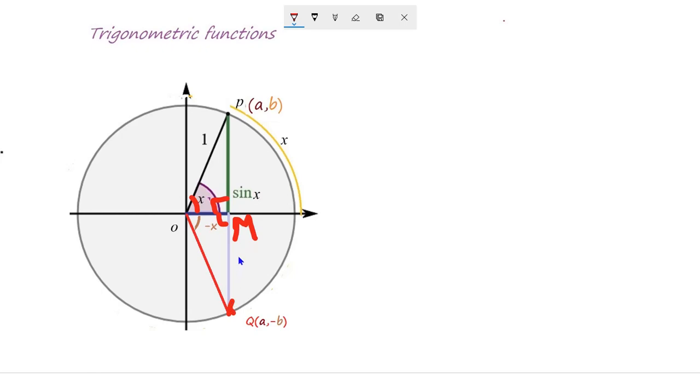But when you take the coordinate, you know that in the fourth quadrant the x coordinate is positive and the y coordinate is negative, therefore Q is a and minus b. A comma minus b is the coordinate of Q. And using this, it is possible to tell one important result.